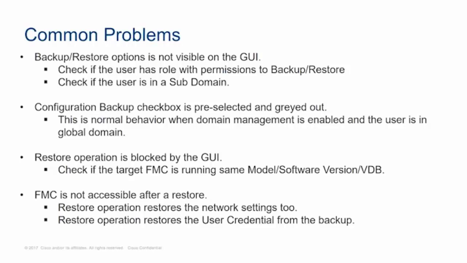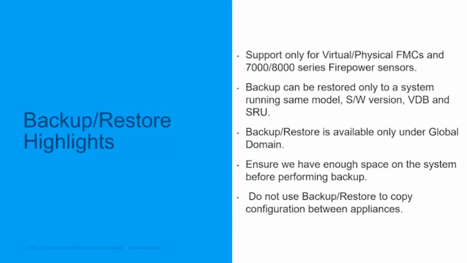With this, we come to an end with the backup and restore process. Here are a few things we need to be very much aware of, where we commonly see problems. Only the FMCs, physical and virtual, and 7000 and 8000 series FirePOWER sensors are the devices that support the backup and restore option.